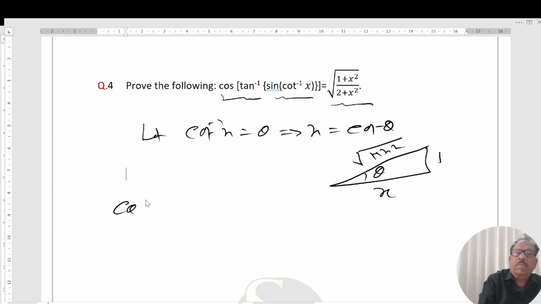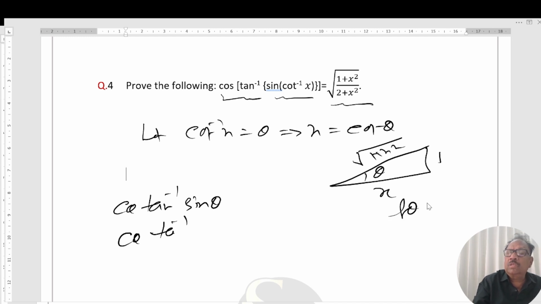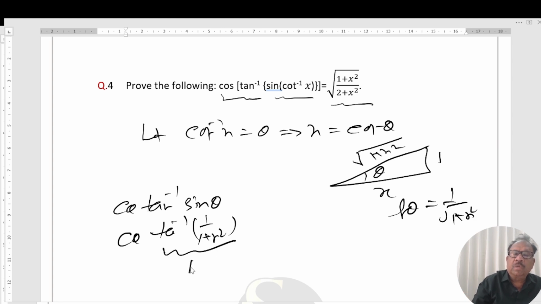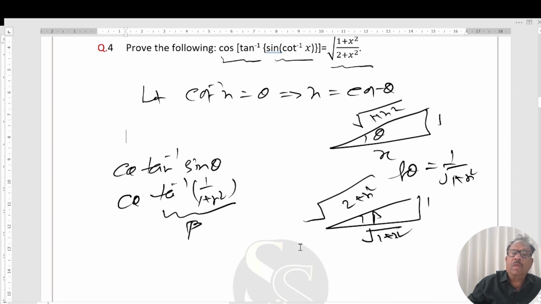So cos of tan inverse sin theta. In this case, sin theta will be 1 over under root 1 plus x square. Let tan inverse of this be beta, so the sides are 1 and under root 1 plus x square, and the hypotenuse becomes under root 2 plus x square by Pythagoras theorem.